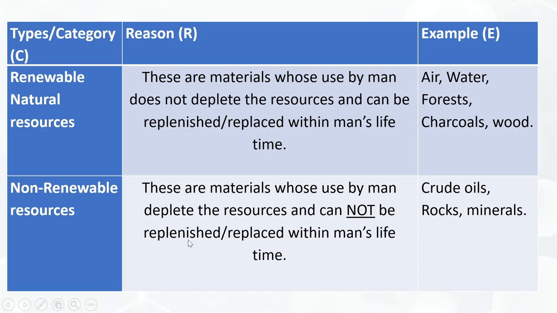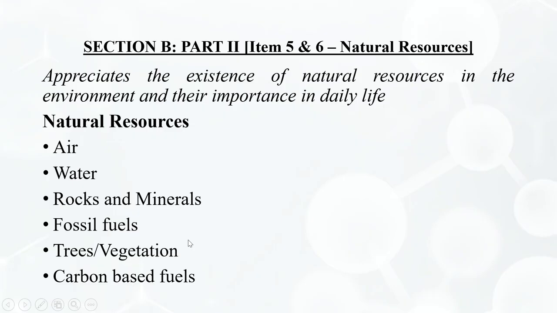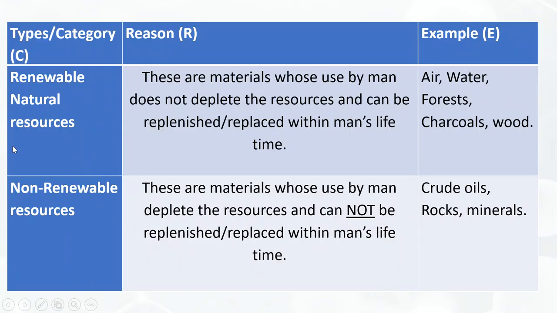All the natural resources we have seen here can be categorized as renewable natural resource or non-renewable natural resource. And when we are categorizing them, we also give the reason, the definition or the fact.